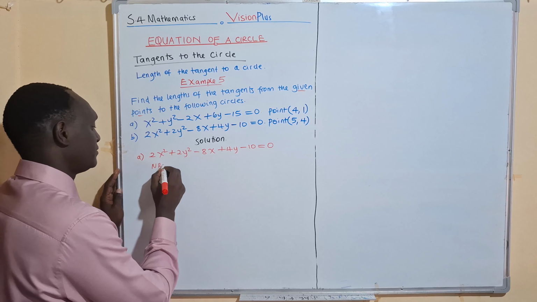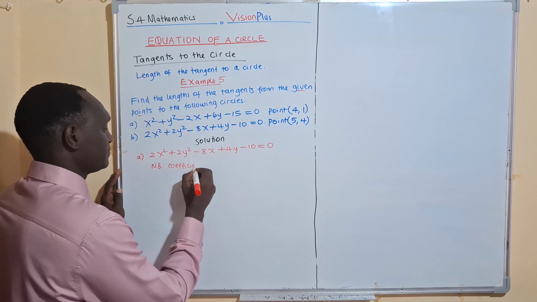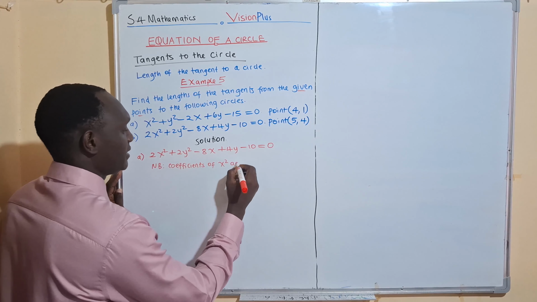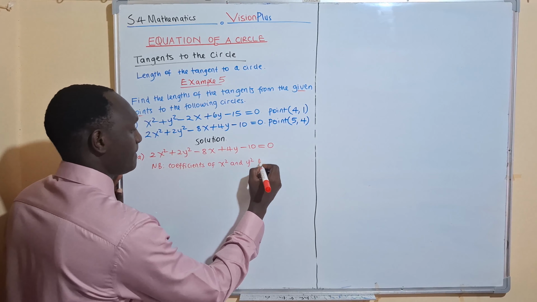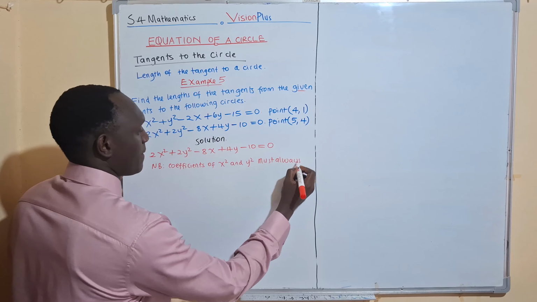Let me quote it again here: coefficients of x squared and y squared must always be 1.